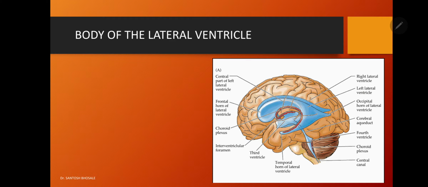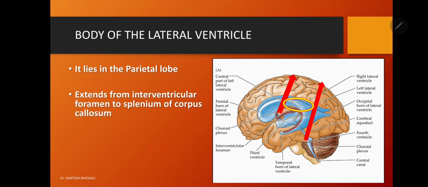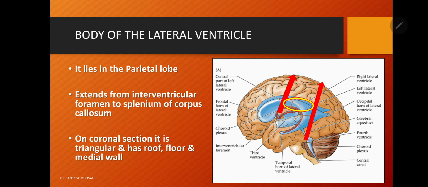Coming to the next part, that is the body of the lateral ventricle. Where does it lie? It lies in the parietal lobe, and it extends from the interventricular foramen of Monro to the splenium of the corpus callosum. On coronal section, it is also triangular, with a roof, floor and a medial wall.